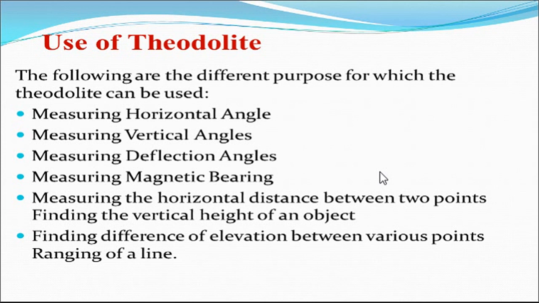This instrument is also fitted with some arrangements so that we use it to determine distances in the horizontal plane. That type of theodolite is called tacheometry, which we will discuss in our unit number 4.